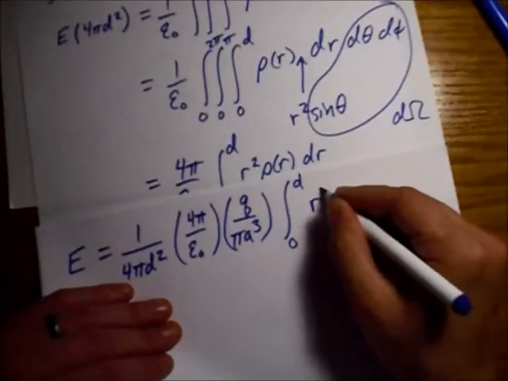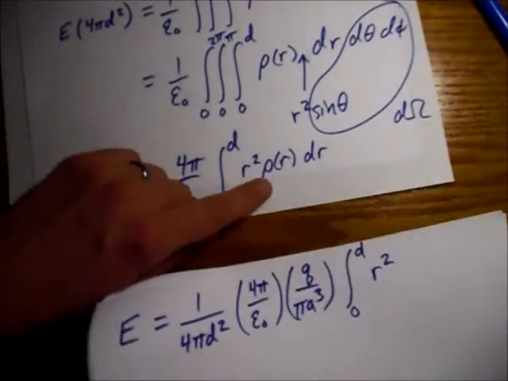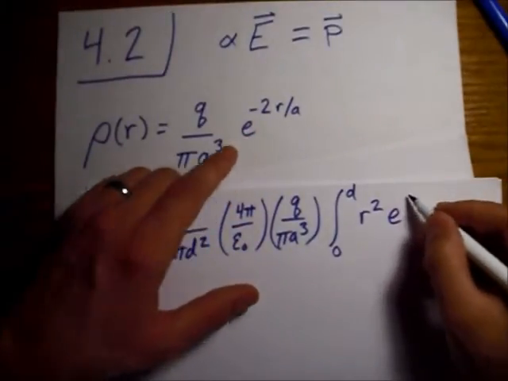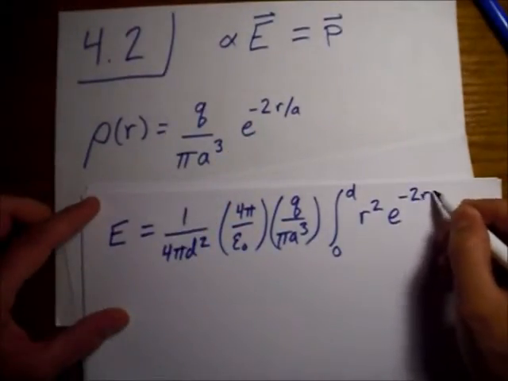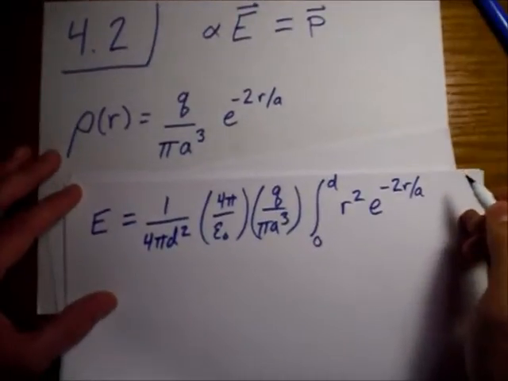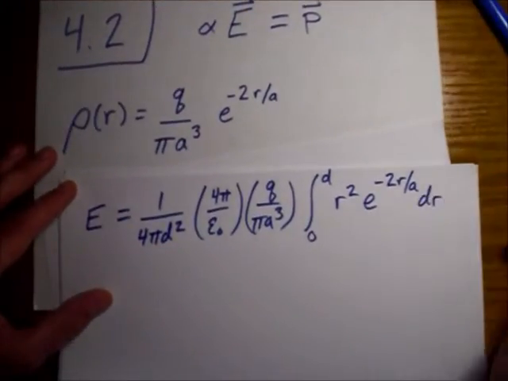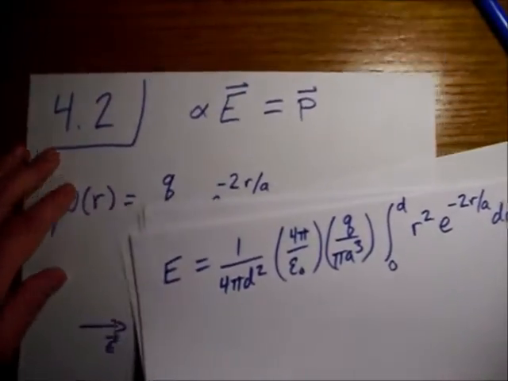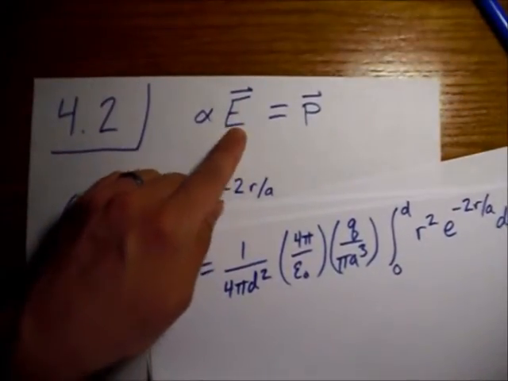We have an r squared, and then we have our exponent from this rho, which is e to the minus 2r over a, dr.